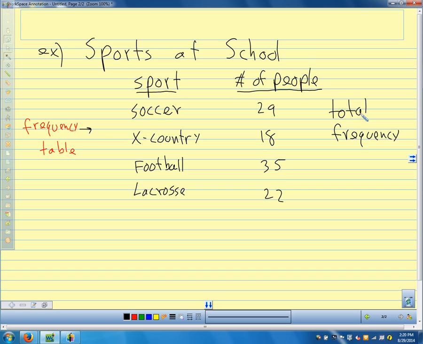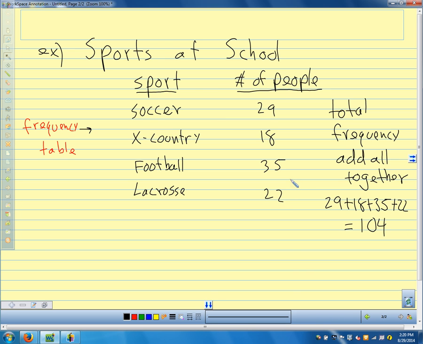Total means add everything together. So we have 29 plus 18 plus 35 plus 22. When I add those together, I get 104. So there are a total of 104 people participating in these sports at this school.